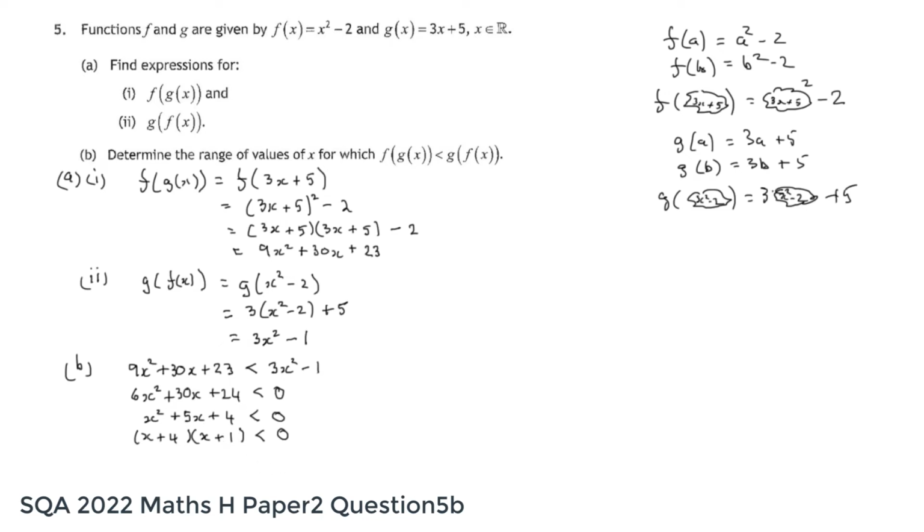Now, suppose x plus 4 times x plus 1 was actually equal to 0. Then we know either x plus 4 is 0 or x plus 1 is 0, in which case x would be equal to negative 4 or negative 1.